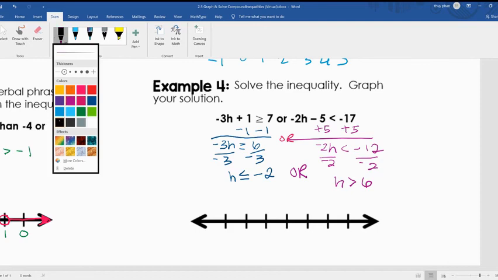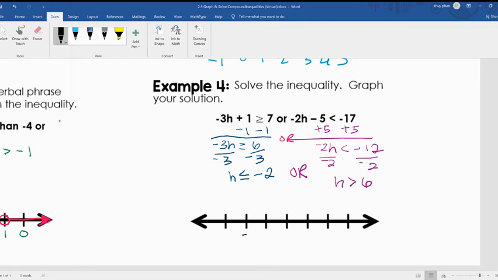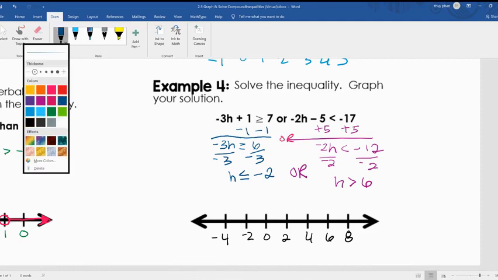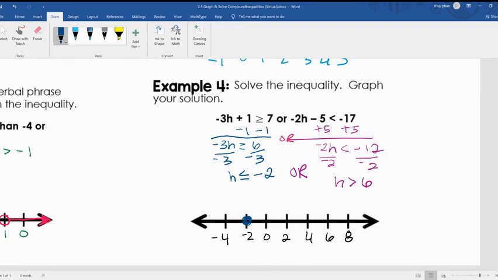So I'm going to need numbers between -2 to 6. So let's go ahead and see if we can do that. I'm going to go by 2's to help us out. So let's see. -2, 0, 2, 4, and 6. All right, so let's graph. h is less than or equal to -2, so that means at -2, it's going to be a closed point, and it's going to the left because we're saying all real numbers.